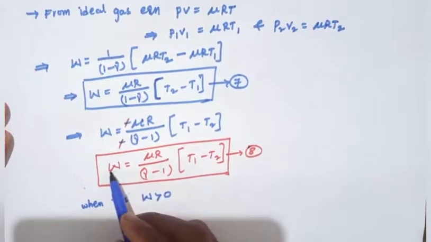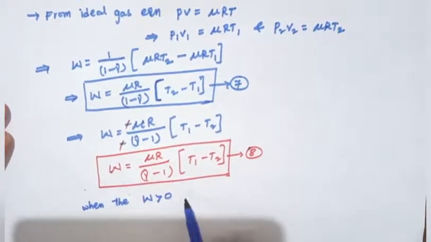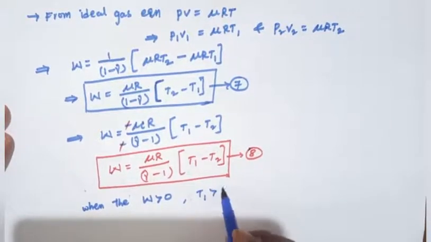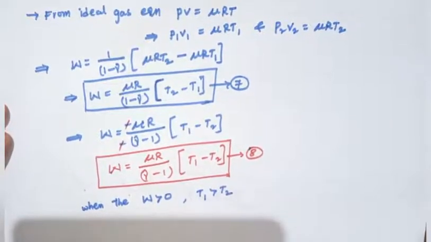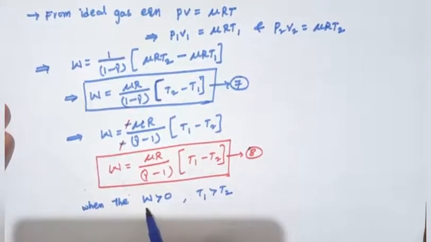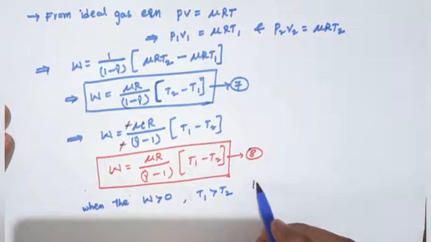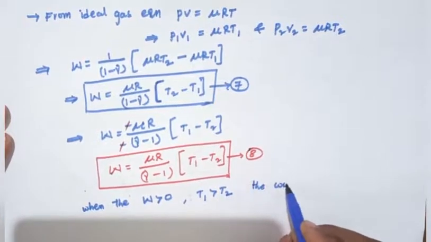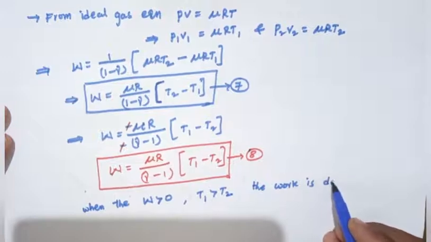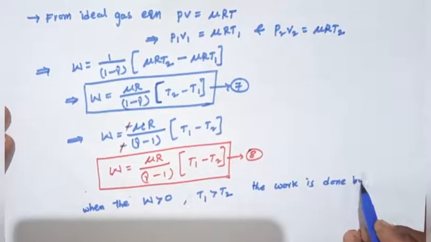W greater than 0 is nothing but T1 is greater than T2, so then the work is done by the gas.